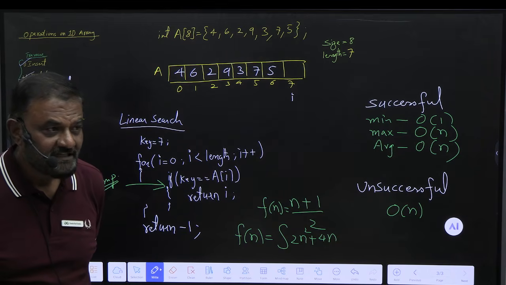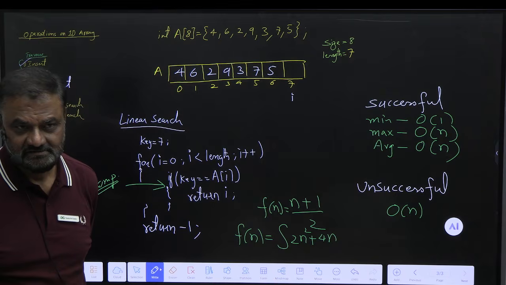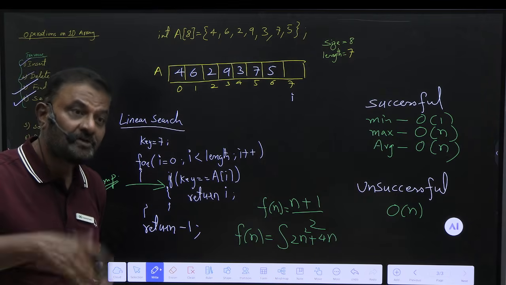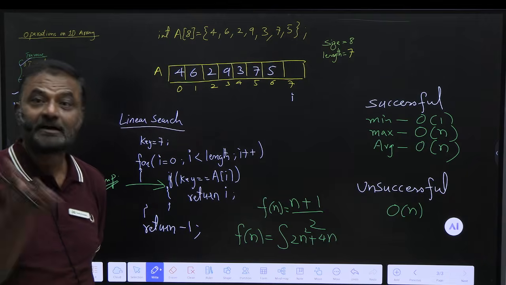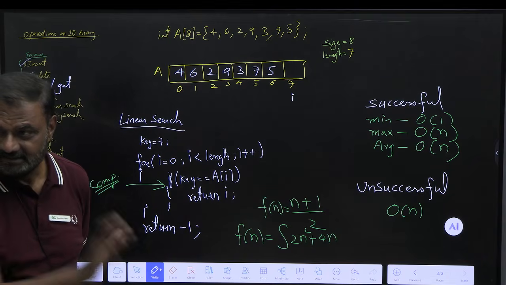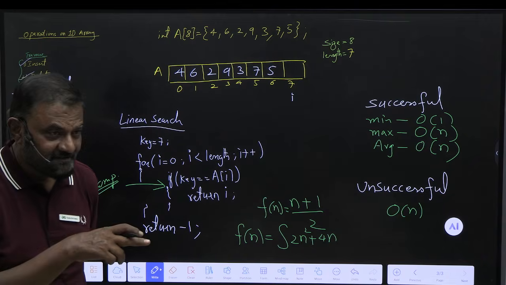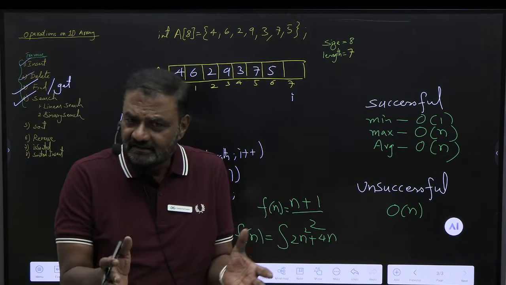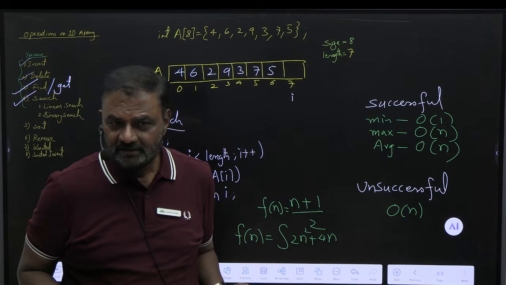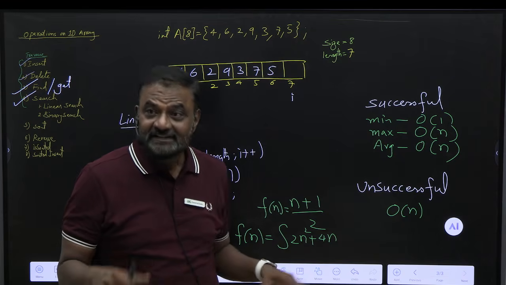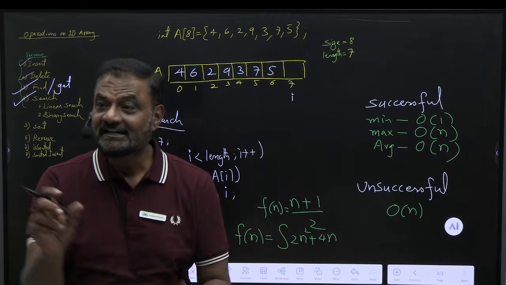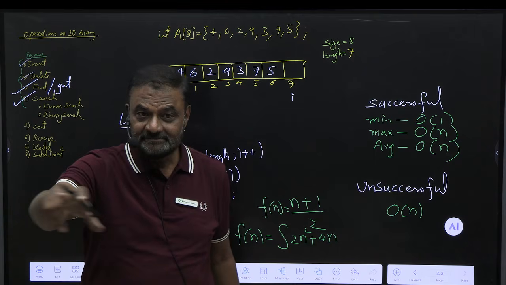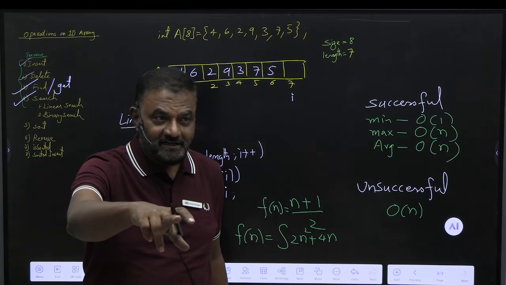It's an integration. You need to convert it into a polynomial, then get the answer. For every integration, do you get the exact polynomial? You will not. So usually integrations are approximations.